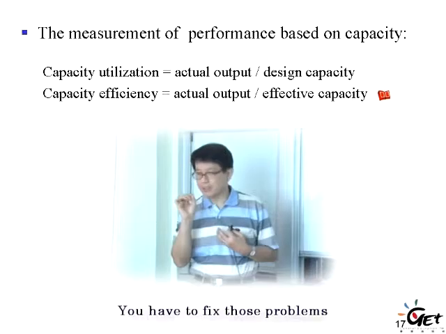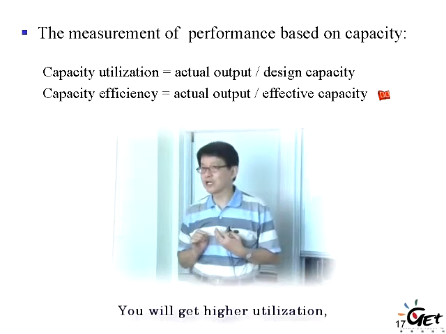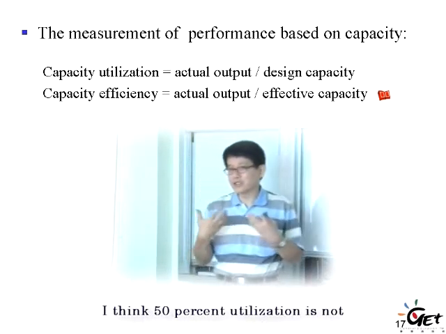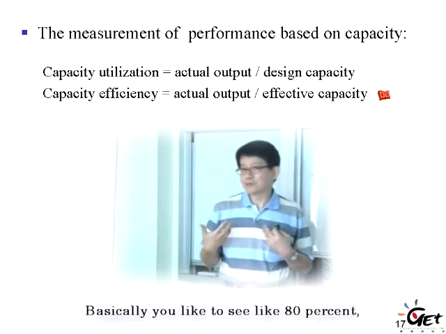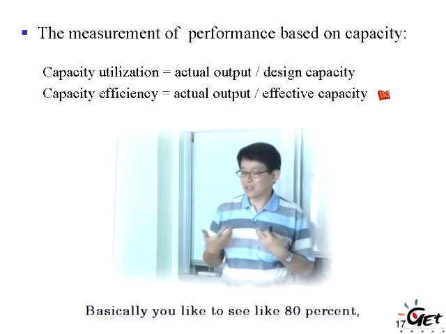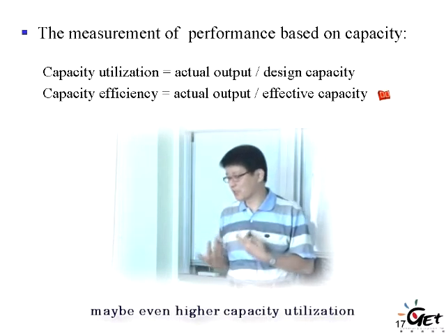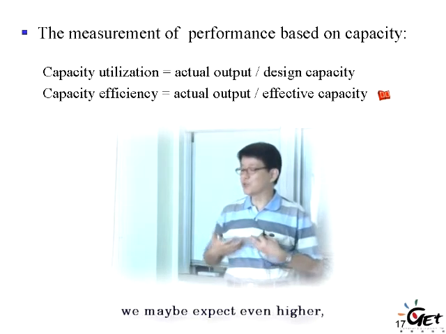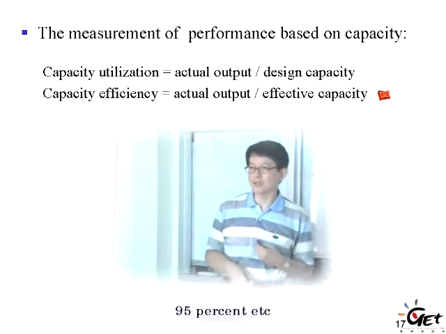You have to fix those problems in order to get higher capacity utilization. I think 50% utilization is not a reasonable number. Basically, we would like to see 80% or maybe even higher capacity utilization. But for capacity efficiency, we maybe expect even higher, maybe 90%, 95%, etc.